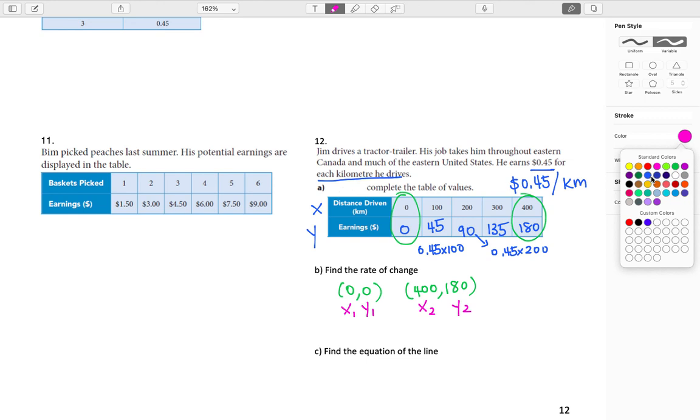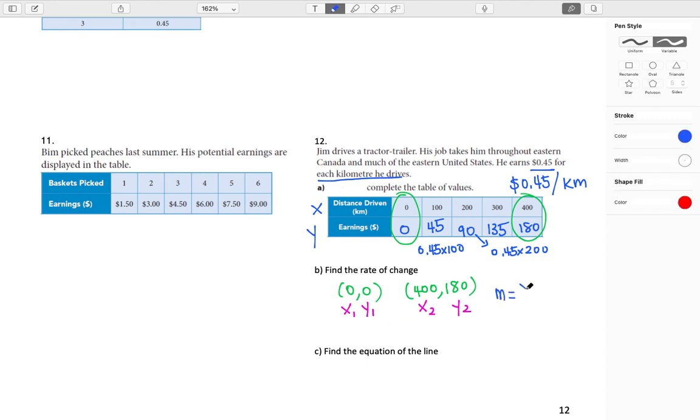Let's use the formula, y2 minus y1 over x2 minus x1. We plug in 180 minus 0 over 400 minus 0. When I simplify this, you're going to get 0.45. So we could say the rate of change is 45 cents per kilometer, right? Because y is dollars and x is kilometers.